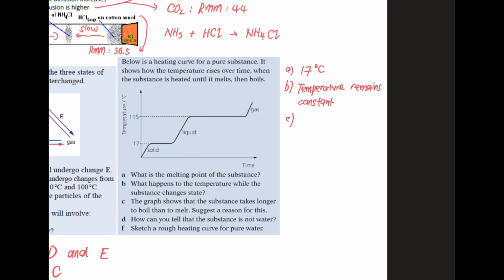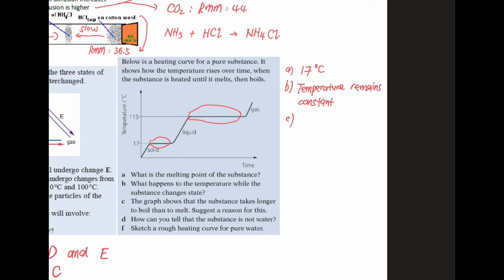Now let's look at C. The graph shows that the substance takes longer to boil than to melt. Suggest a reason for this. You can see here the line is shorter for melting and longer for boiling. So what is the reason? That's when the bonds are breaking.